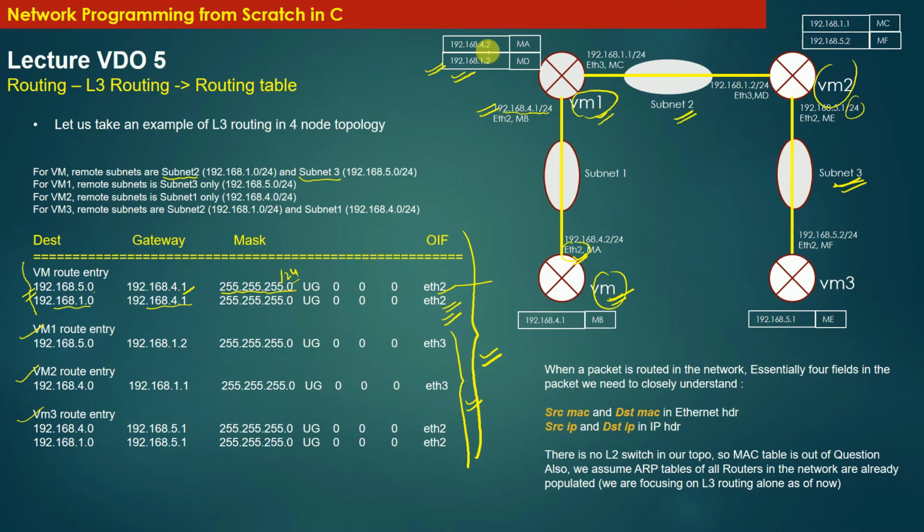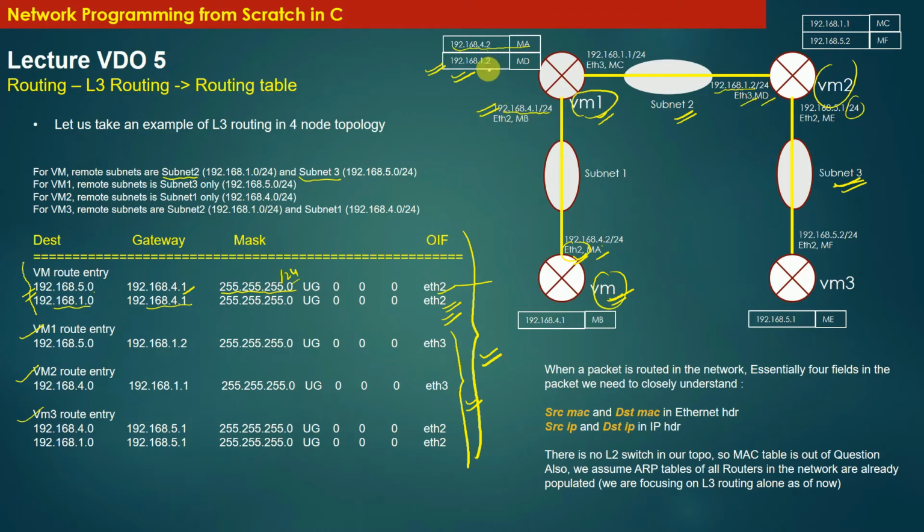So what are the IP addresses of the neighbors? 192.168.4.2. Similarly, the second neighbor of router VM1 has the IP address 192.168.1.2 and it is configured on an interface Ethernet 3 which has the MAC address MD.